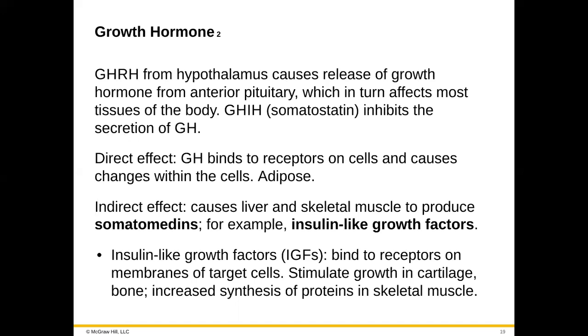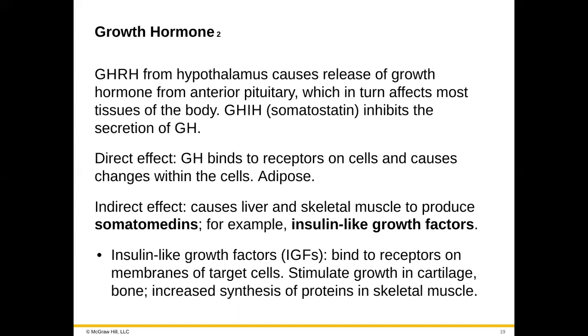That could happen with adipose. And then we're going to see many indirect effects as well. So what could happen is that skeletal muscles are going to start producing what's known as somatomedins, and cause the liver to do this as well. An example of these are insulin-like growth factors. Sometimes you'll come across them as IGFs.